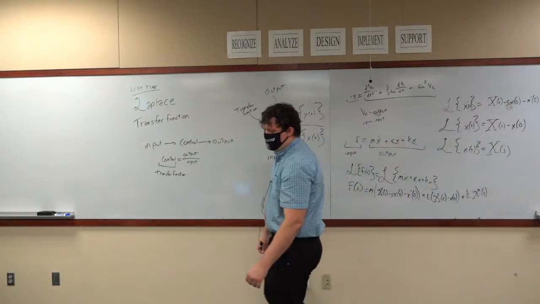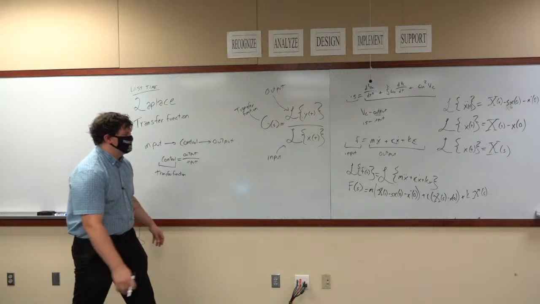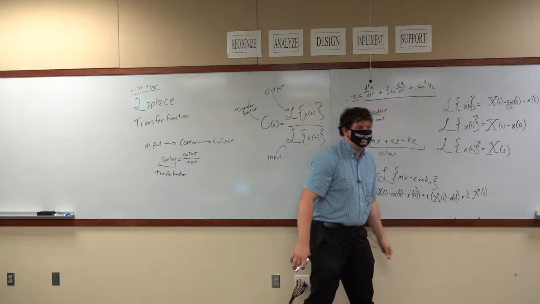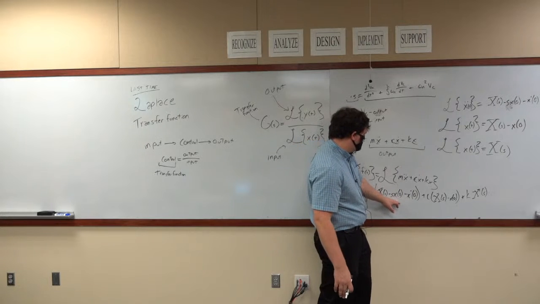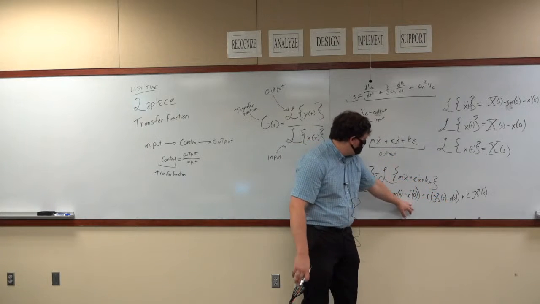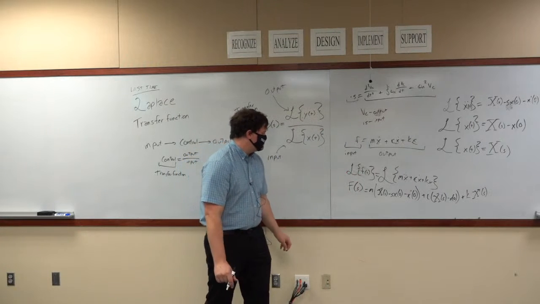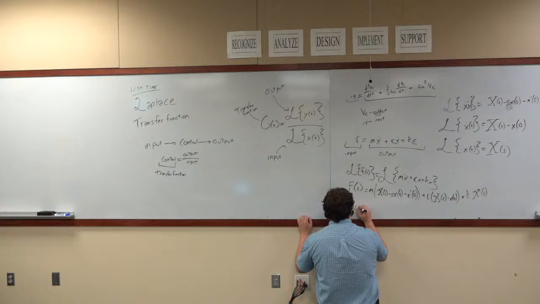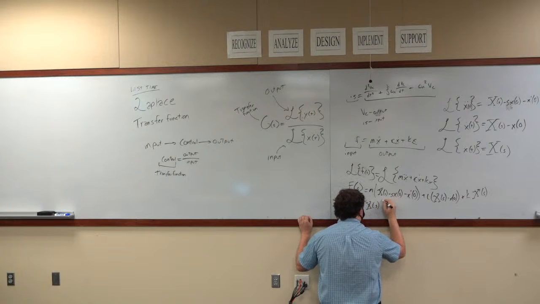Okay, so what we're doing right now is we're developing a cogent system. We have 3 X of s's here in our system. All 3 of those can be added together. We have an s x0, we have just a plain x0, we have an x prime of 0. So we'll go ahead and combine all of our like terms, just to simplify this a little bit. So we have F of s is equal to, I'm going to combine all of my X of s terms.